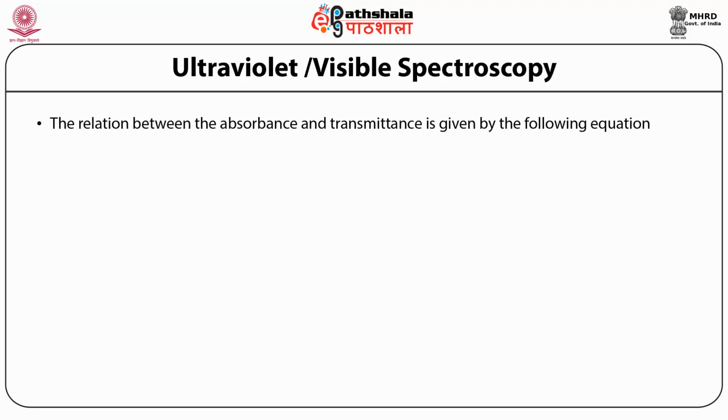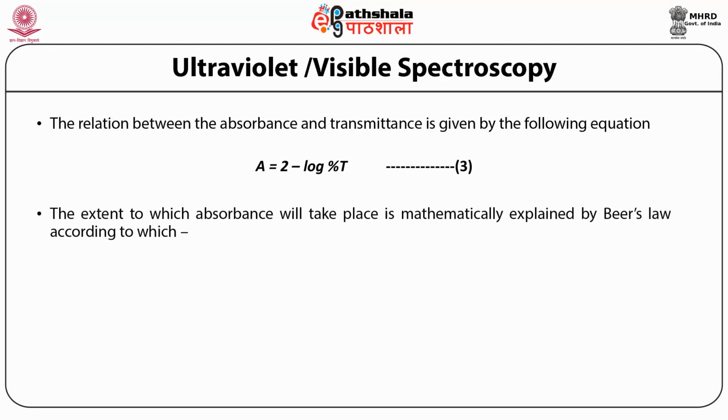The relation between the absorbance and transmittance is given by the following equation. A, that is absorbance, is equal to 2 minus log of percentage transmittance. This is equation 3. The extent to which absorbance will take place is mathematically explained by Beer's law, according to which A, that is absorbance, is equal to epsilon b c, where epsilon is the molar absorptivity, b is the path length, and c is the concentration of the compound.